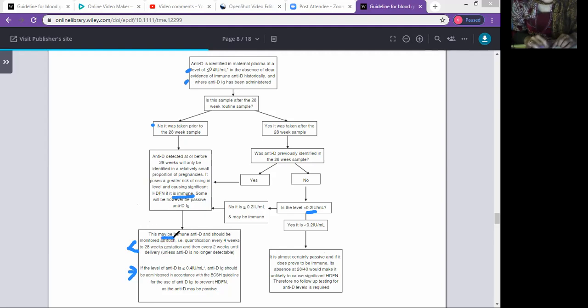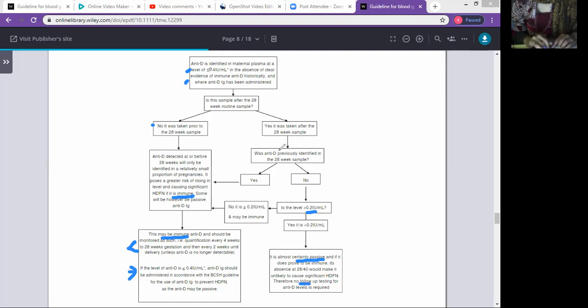Even if it may be immune, we still need to follow the same monitoring and treatment guidelines. But for an antibody that is detected after 28 weeks with a level less than 0.2, it is most certainly passive, and no follow-up is then recommended.